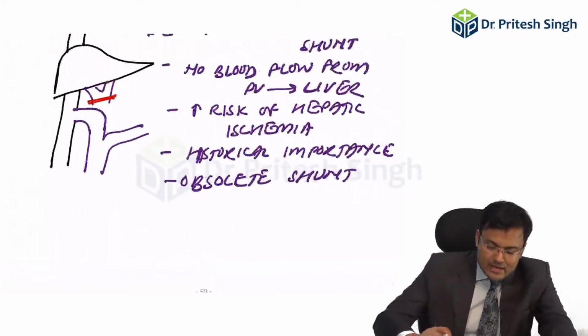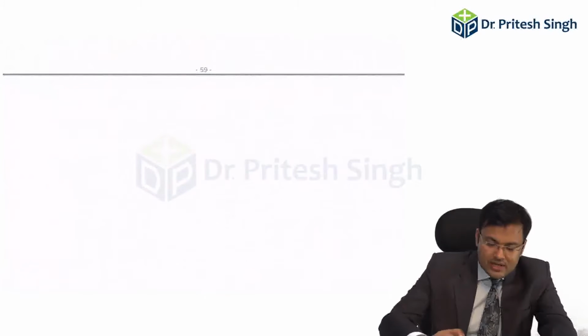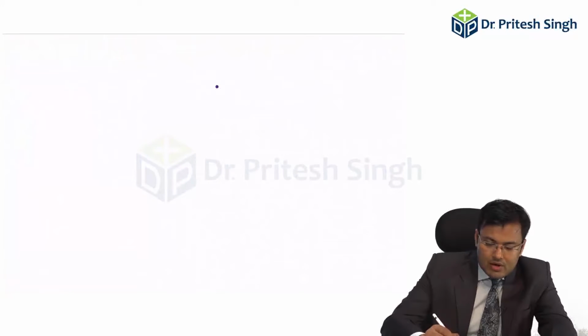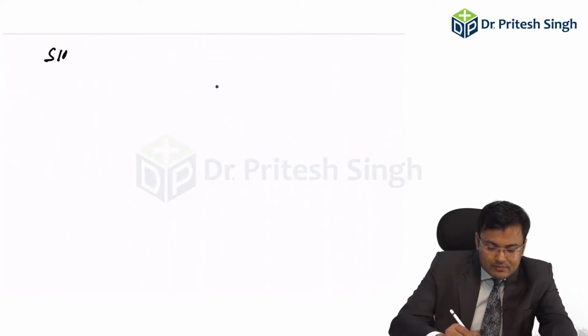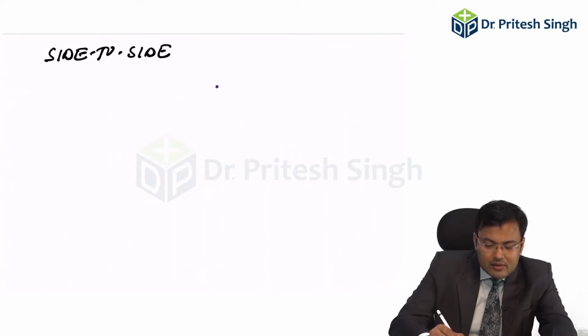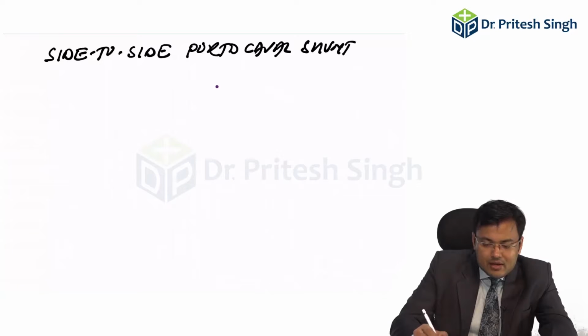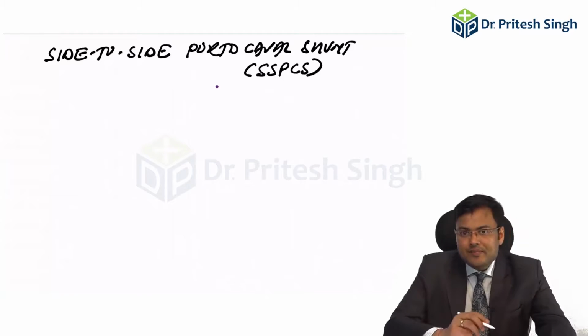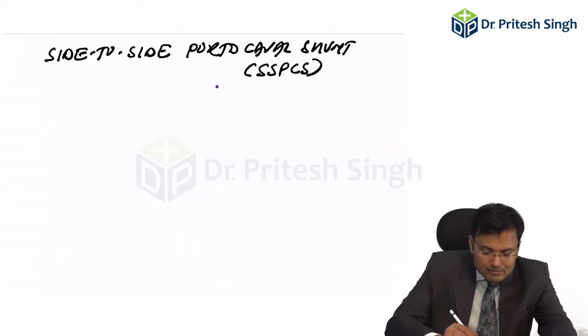Second is side to side portocaval shunt. So have a look. What is side to side portocaval shunt? In short, it is known as SSPCS. Now have a look at the diagram. This is liver.